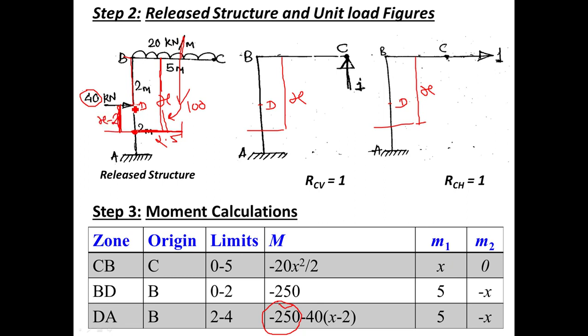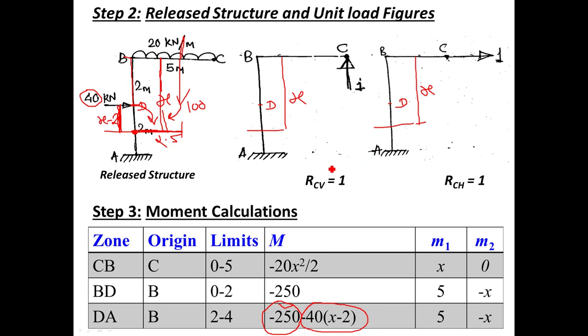So the moment of the point load 40 kilonewton is 40 into x minus 2. It will produce clockwise moment, so it is minus. So minus 40 into x minus 2. You look at the third row of this table, capital M: minus 40 into x minus 2. So this is the moment of your released structure in the third zone.